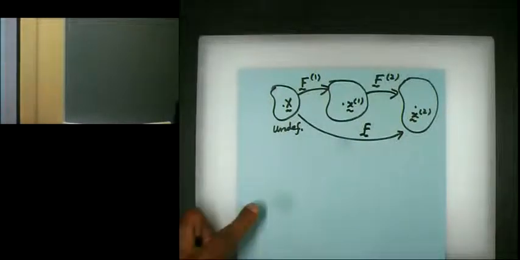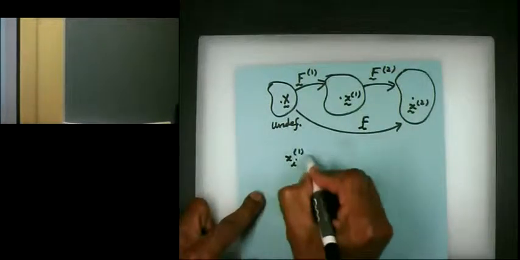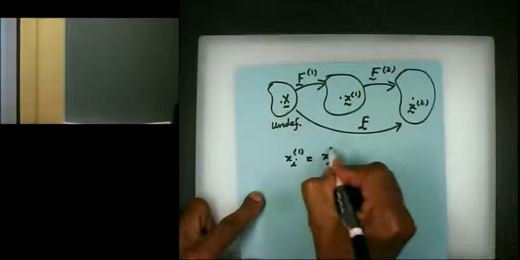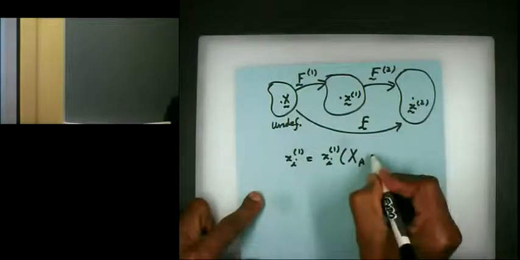So what we have done is the following: x1 is a function of X_A. Time is fixed, so I'm not going to put time.